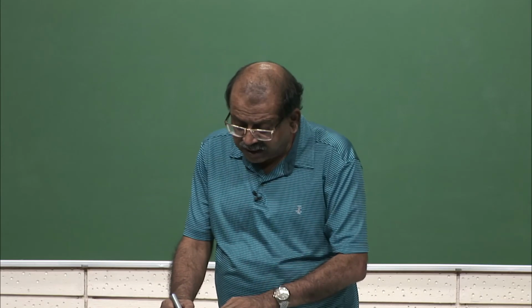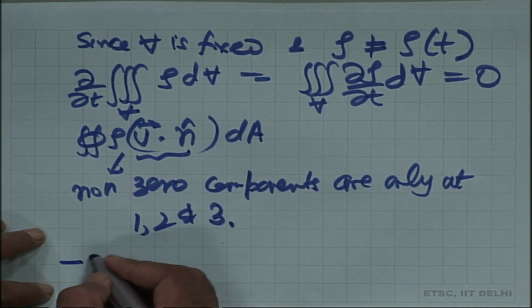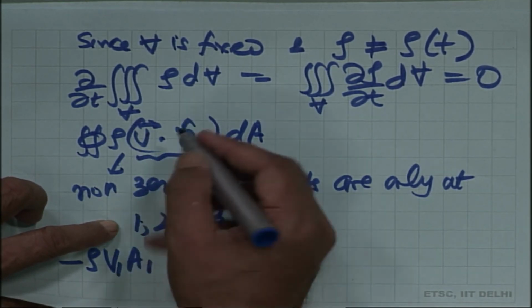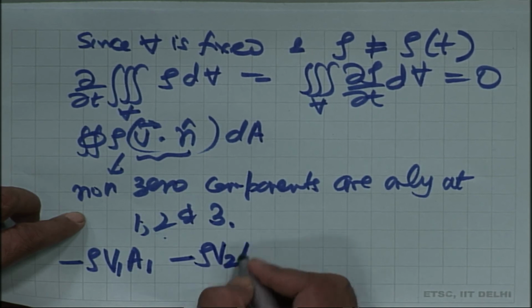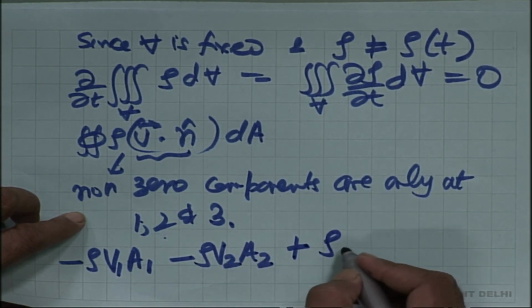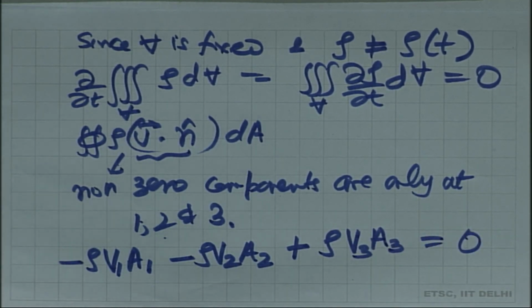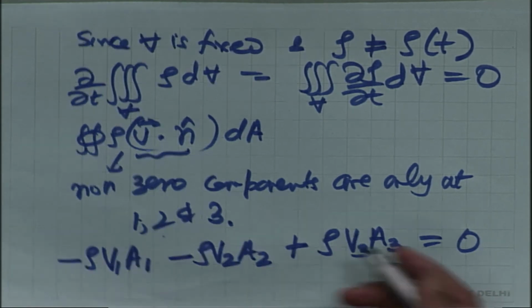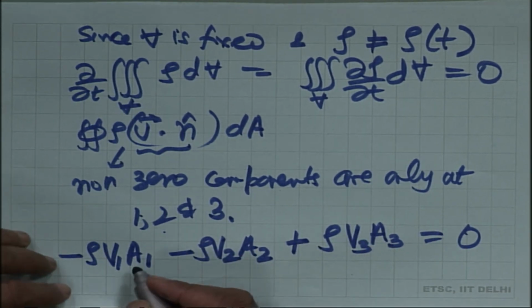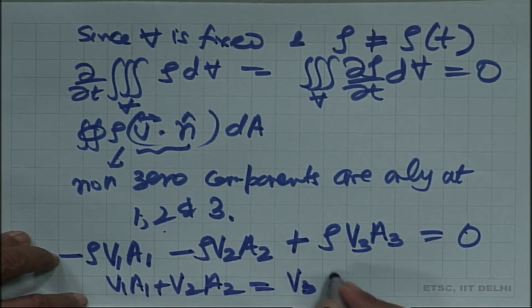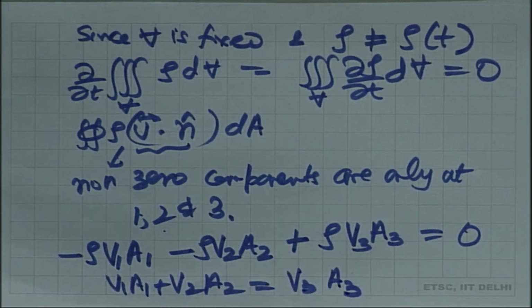So, when I calculate rho V dot n dA, minus rho V1 A1 is the contribution at surface 1, the contribution at surface 2 is minus rho V2 A2, and plus rho V3 A3, is equal to 0. From here I can get the quantity. If V1 and V2 are given, I will get V3, or the other way around. Notice rho also cancels out, and this becomes V1 A1 plus V2 A2 is equal to V3 A3.